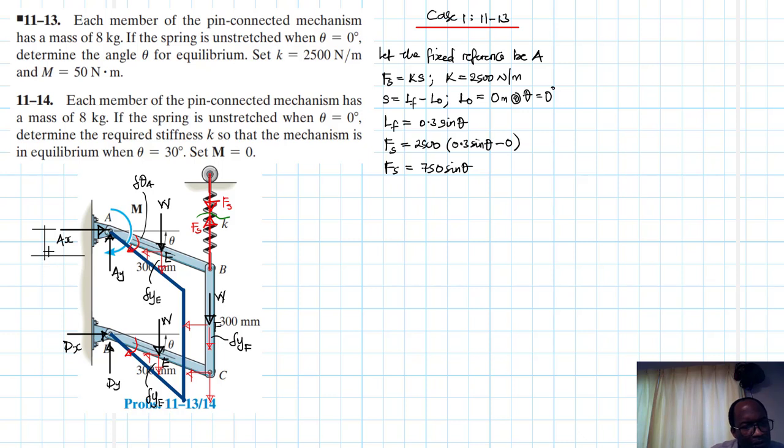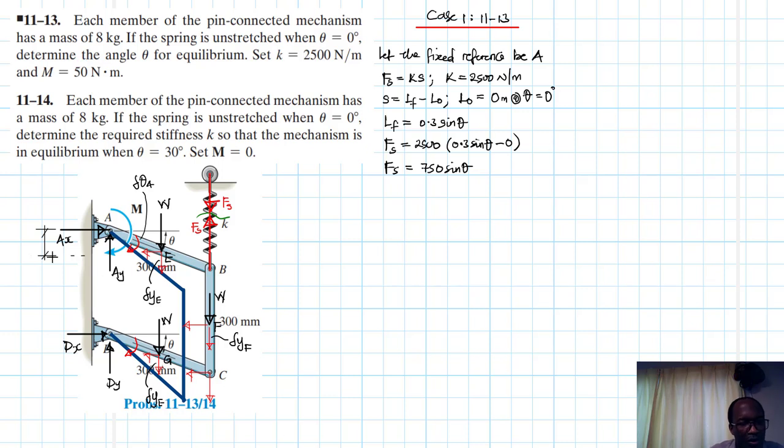So this is our E. This A here, we give it another letter because it will have a difference. So this is F, and let's call this one G. There we go.